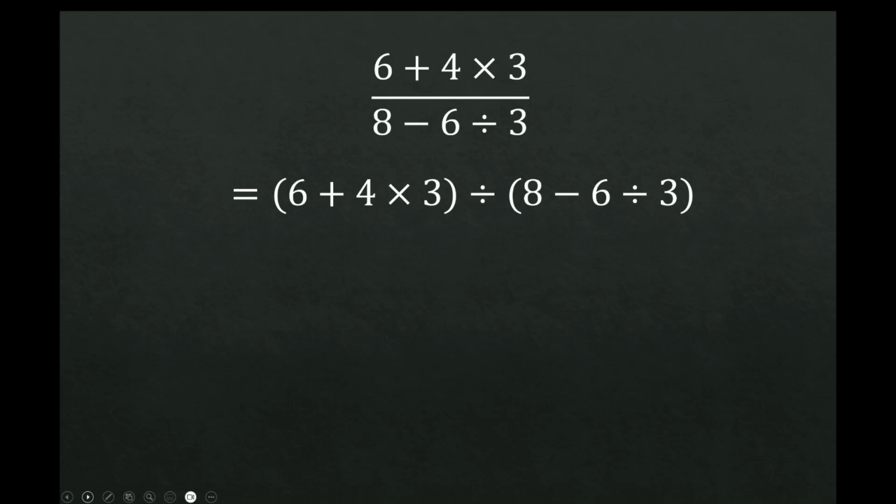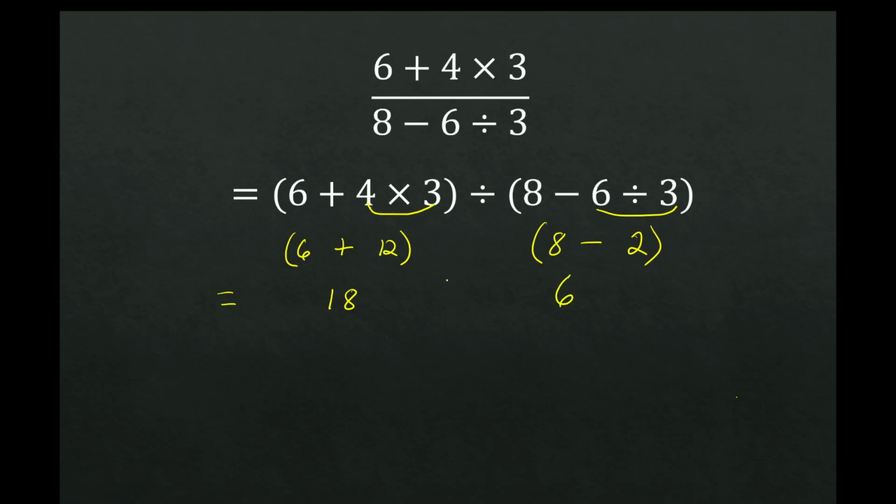So let's go ahead and do the parentheses over on the left first. We will need to do the times. So we'll do 6 plus 12, and then 6 plus 12 will give us 18. Over on the right, we've got 6 divided by 3. We'll get 2. And so we'll have 8 minus 2. That's in parentheses. So we'll do 6.